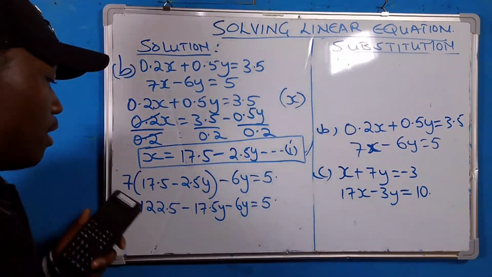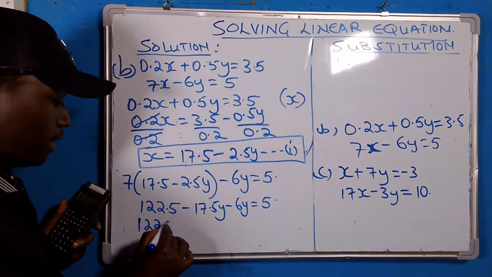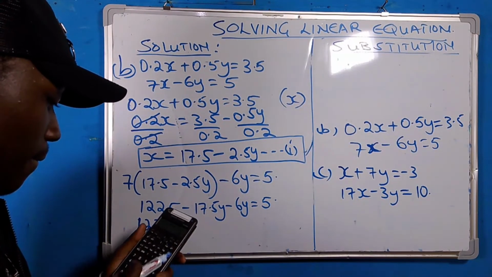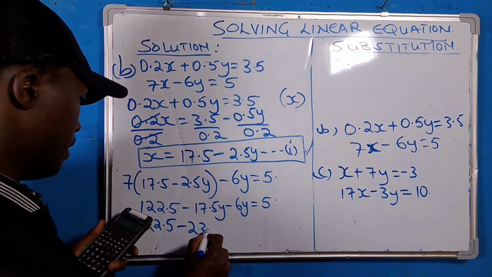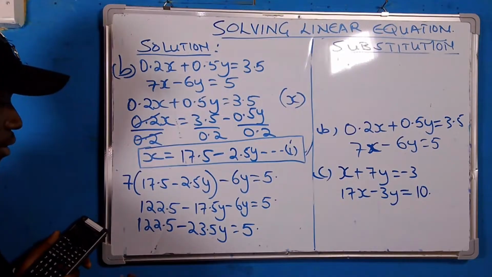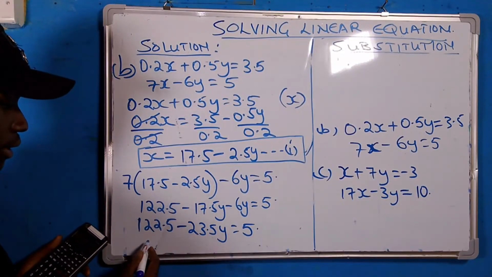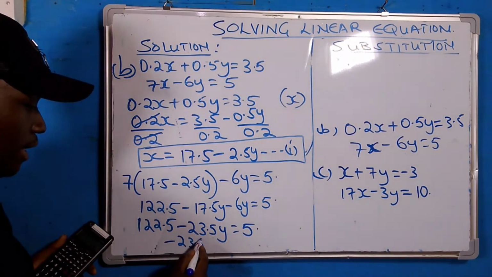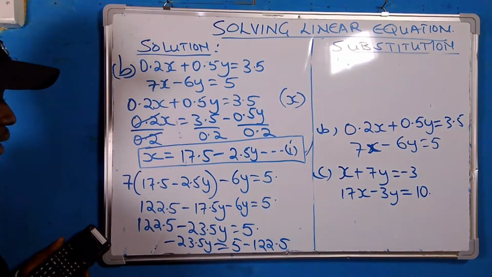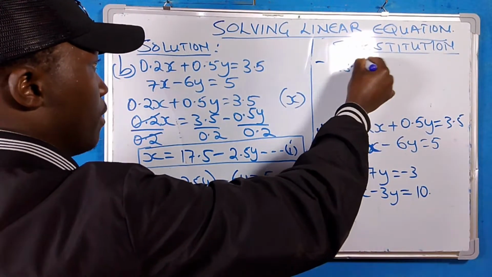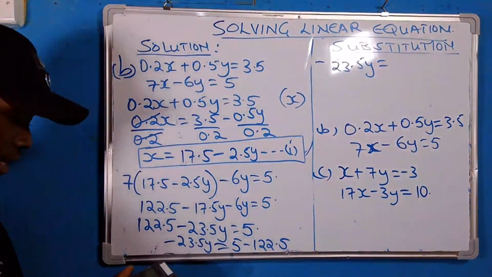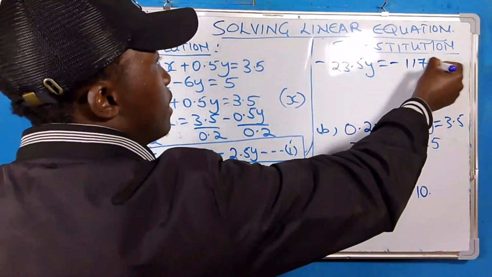So we can now put the like terms together. We take negative 17.5 minus 6, which gives us negative 23.5y, equal to 5 minus 122.5, which gives us negative 117.5.